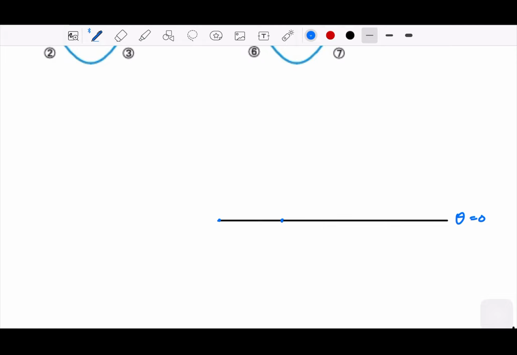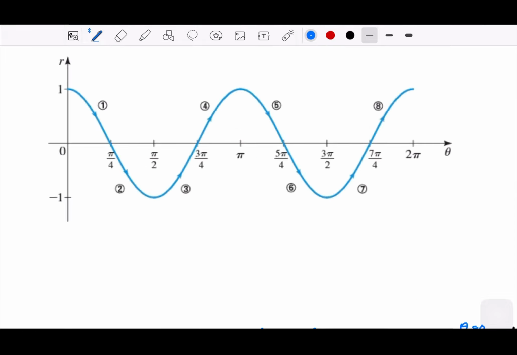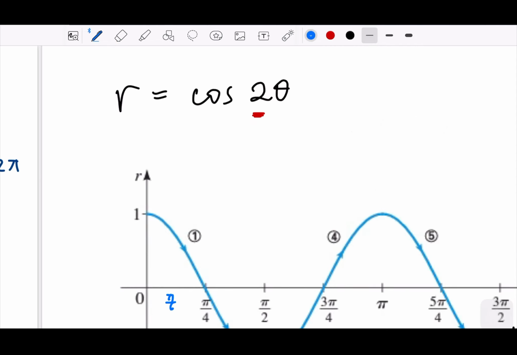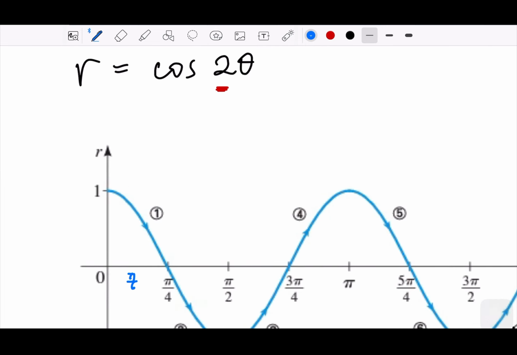This is intriguing, because when we have the interval from 0 to pi over 4, we could take pi over 6. Maybe pi over 6 is a good example. Let's take that as our example. So for pi over 6, if we put it into our equation cosine 2 theta, it will be pi over 3, right?